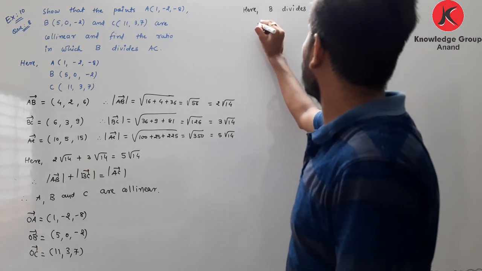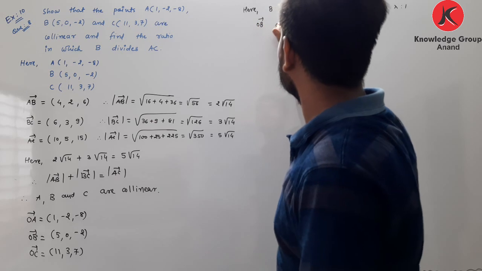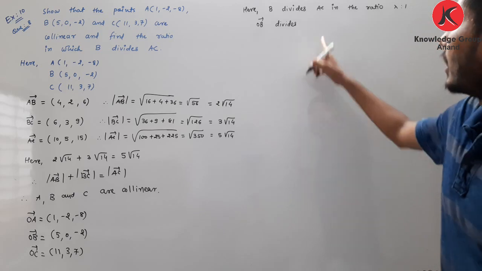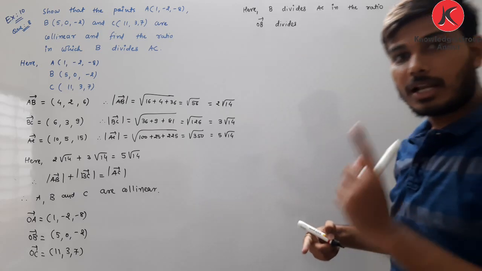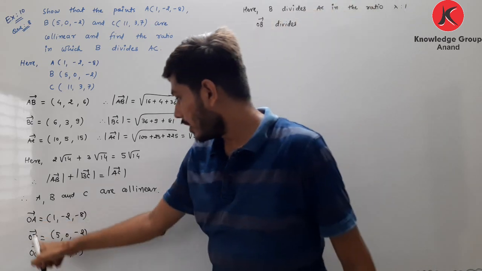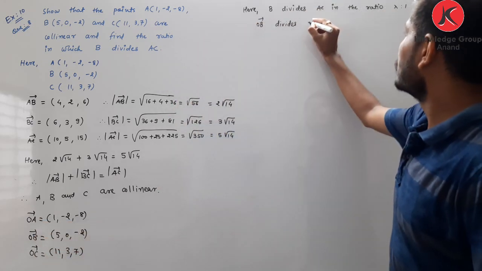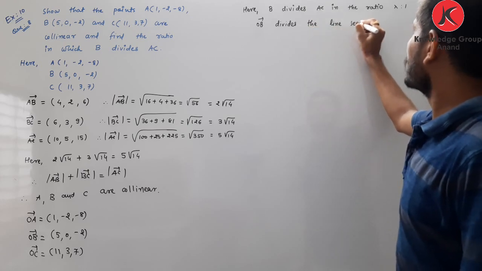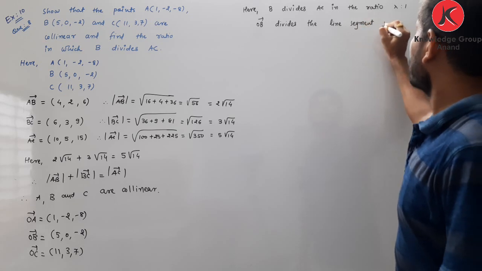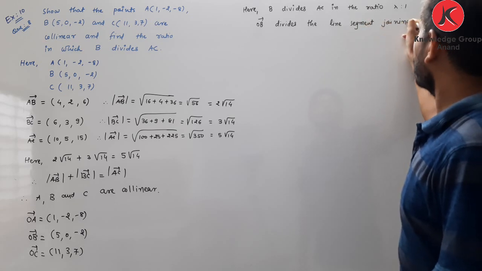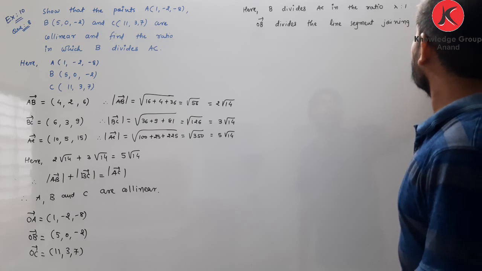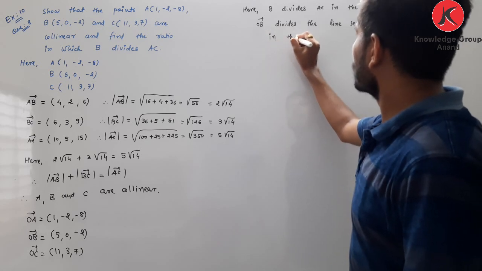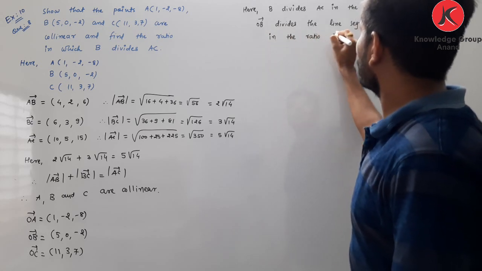So here point B divides, that means vector OB divides the line segment AC, the line joining the vectors OA and OC, in the ratio lambda is to 1 here.